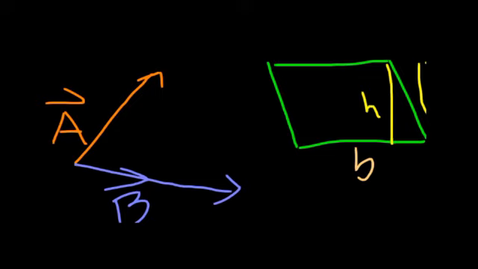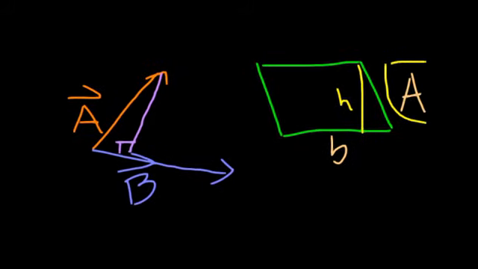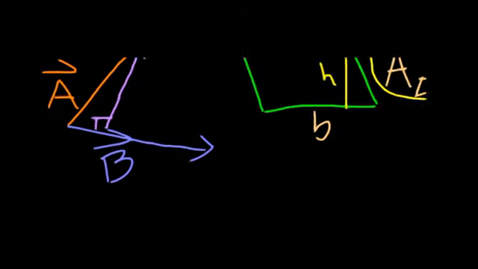So let's draw the component of vector A perpendicular to vector B, with this color. This one is a component of vector A that is perpendicular to B.